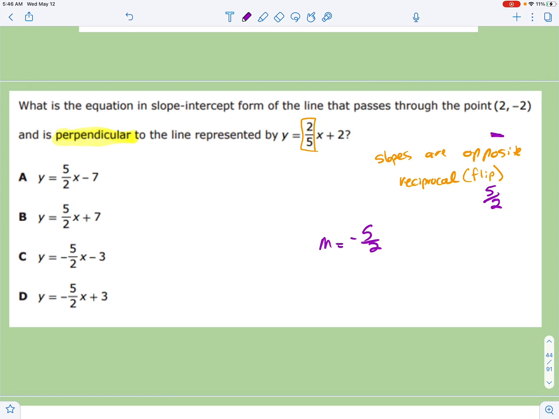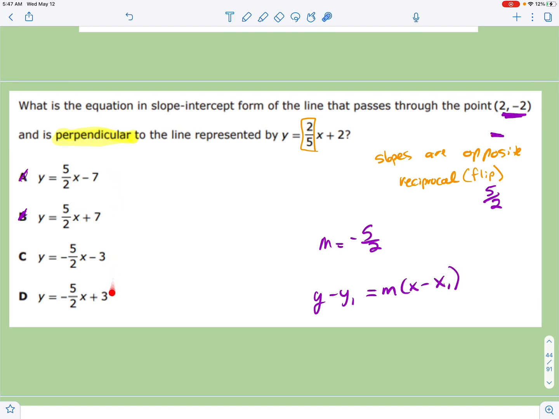Well, with just that information, let's observe our answers. D is -5/2 as a slope, so is C, but A and B have slopes of 5/2. So let's eliminate what we know is not the answer. A, B. Now we need to take this point and plug it into our point-slope form, right? y minus y1 equals m times x minus x1.